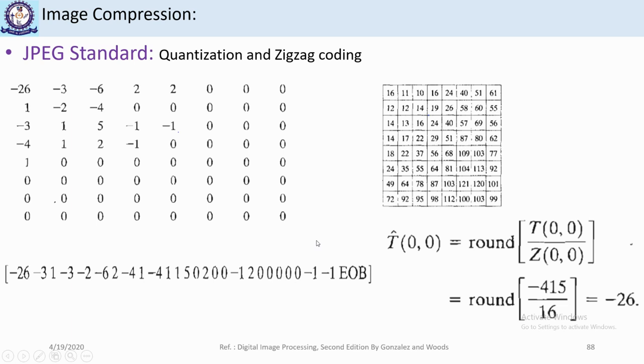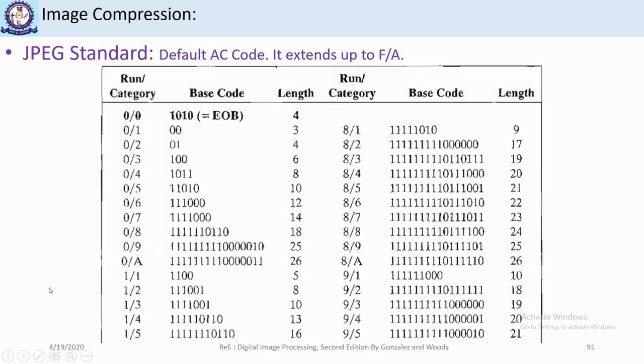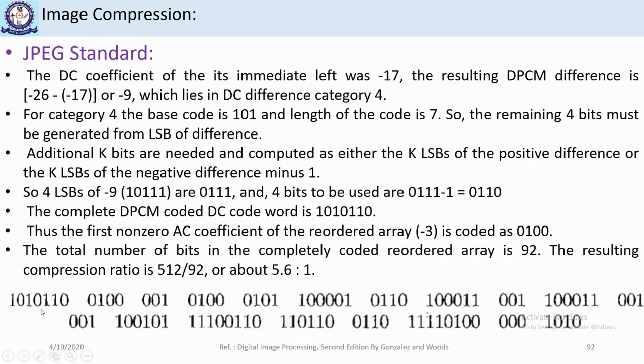So -26 is represented by 1010110, then -3 is represented by 0100, and subsequently this way, and the last is 1010, that is end of block. The spaces are given only for readability. We need not give these spaces while storing in memory or during transmission. We can directly store this bit stream in memory.